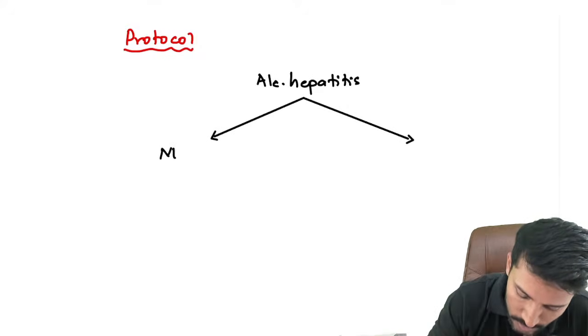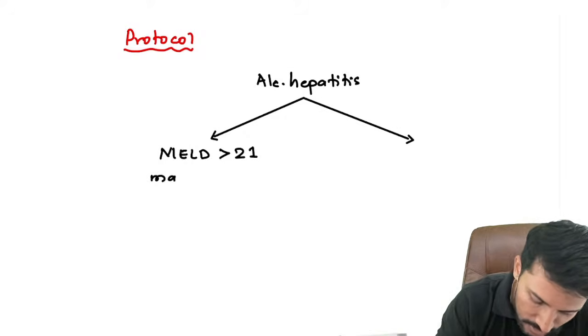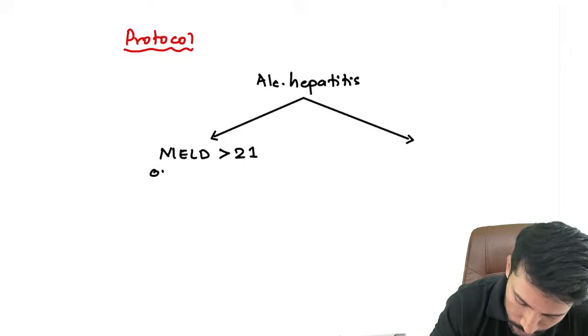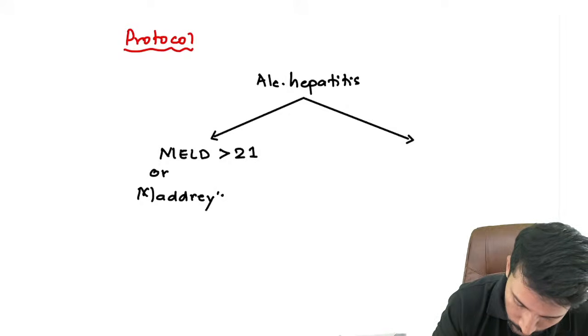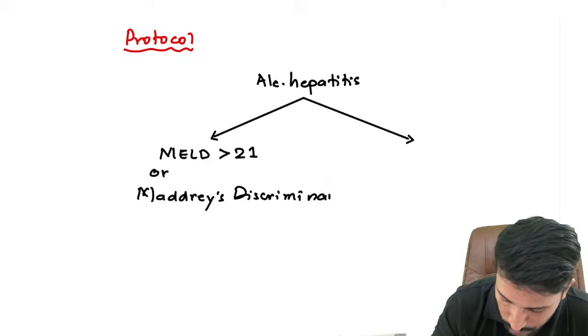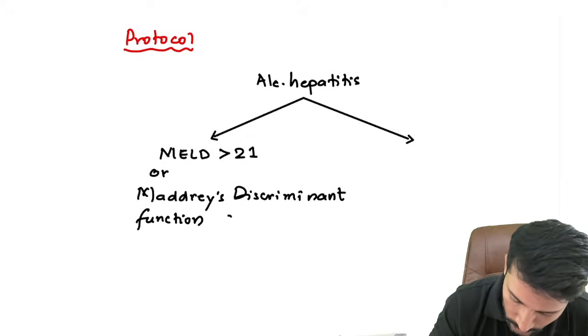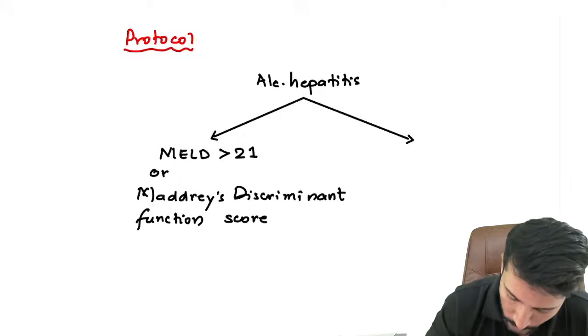So if the MELD score is more than 21, or there is something called Maddrey's discriminant function score.